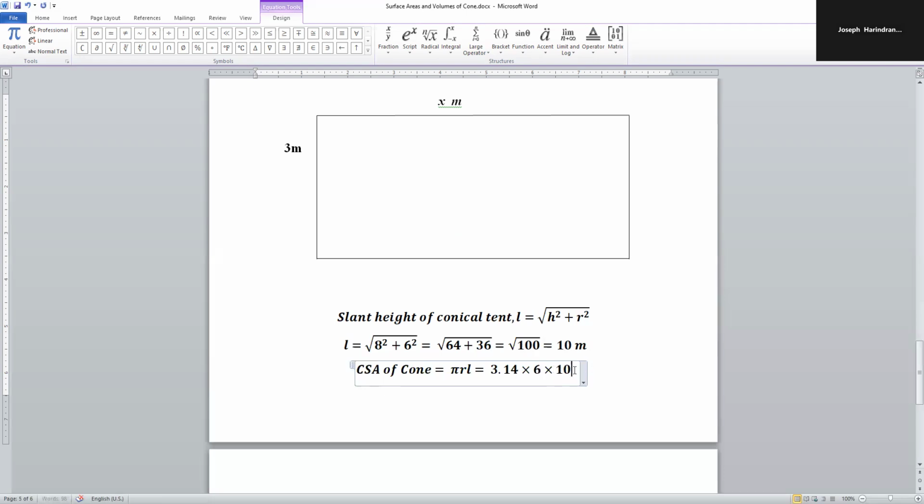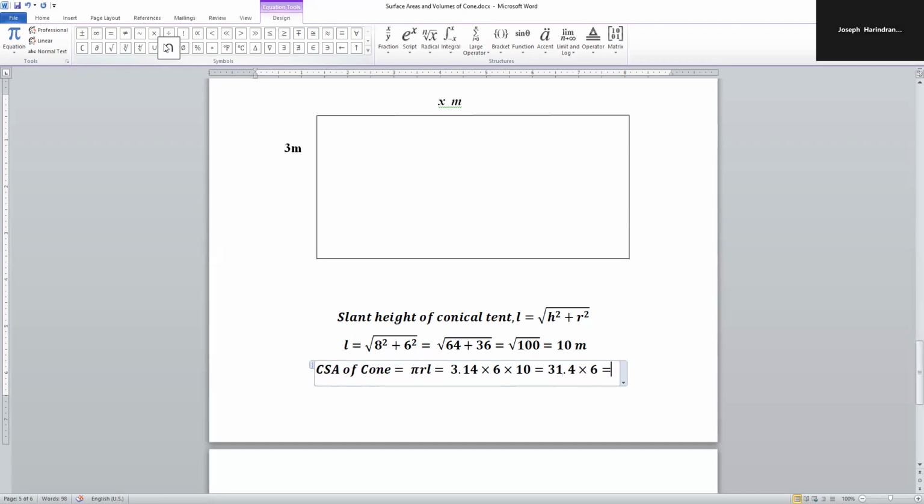That's all. Very easy calculation, 31.4 into 6. You can calculate and put it there.